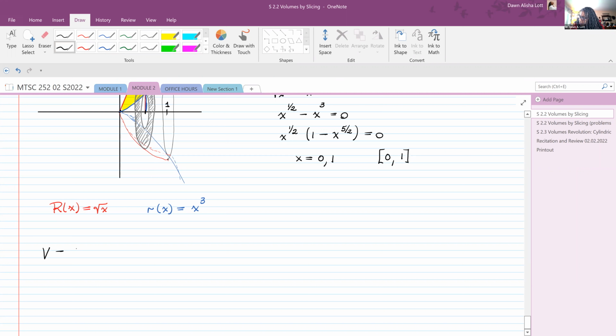So the volume is the integral from 0 to 1 of pi times the big radius squared minus the little radius squared, dx. So that's pi times the integral from 0 to 1 of x minus x to the 6, dx.